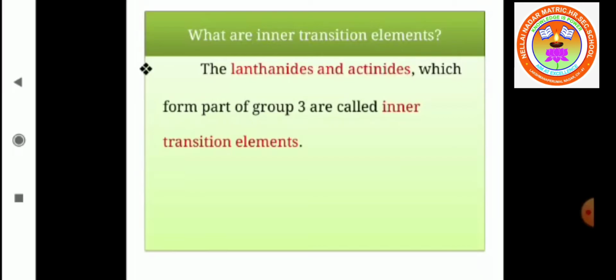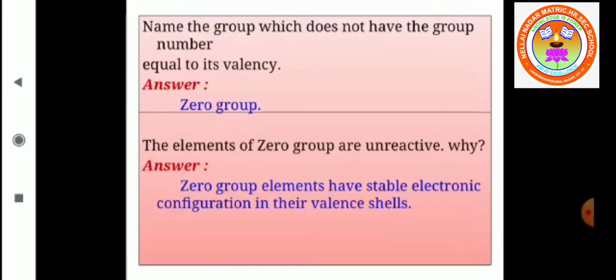Okay children? Then I have given 2 simple questions to deepen your understanding. The first question is, name the group which doesn't have the group number equal to its valency. Let me read the question again. Name the group which doesn't have the group number equal to its valency.